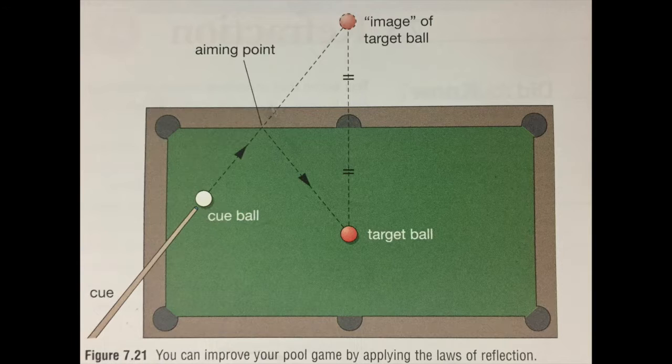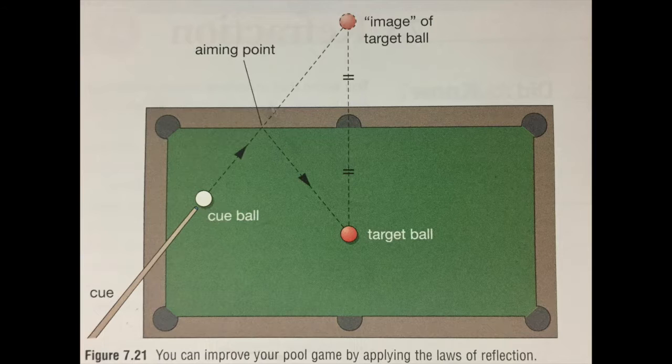To decide where to aim the cue ball against the cushion, the player chooses a spot that is the same distance behind the cushion as the target ball is in front. See figure 7.21. You can improve your pool game by applying the law of reflection.